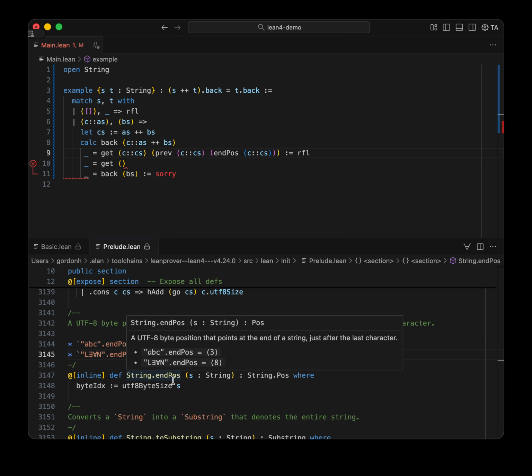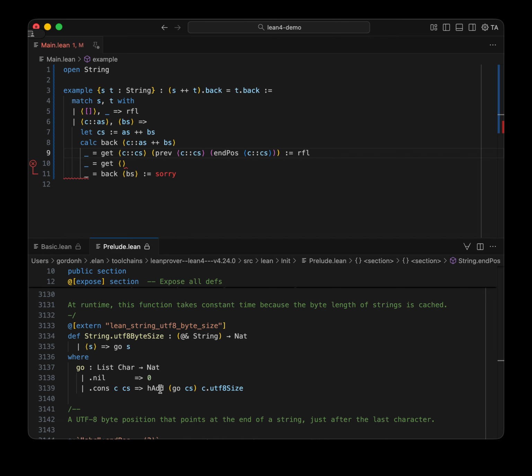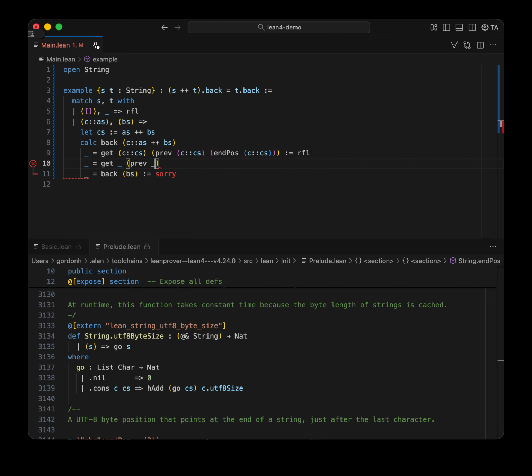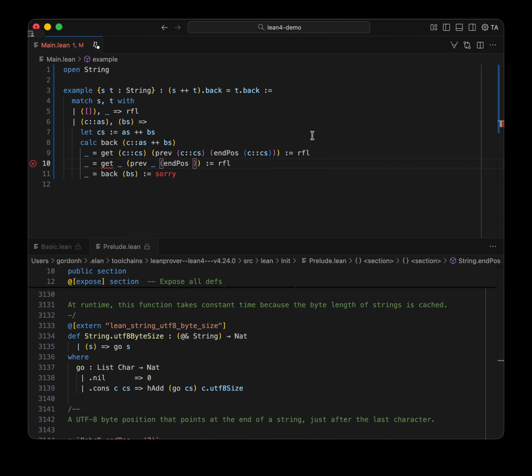Definition of the ending position. UTF-8 bytes. Okay, since I'm unfolding things, I assume that later on the proof is just reflexivity. Okay, now we're trying to unfold this by definition.